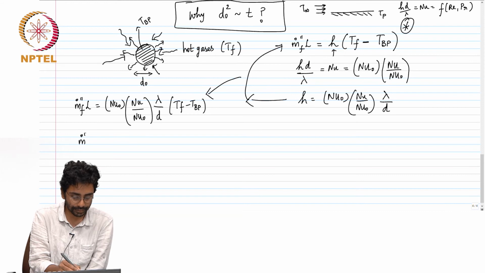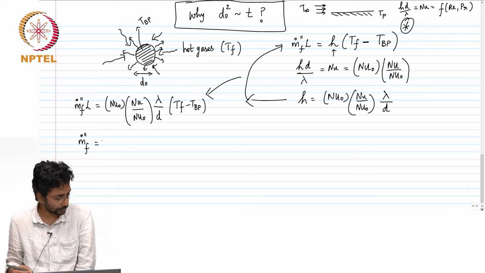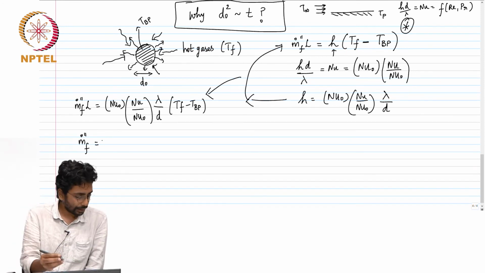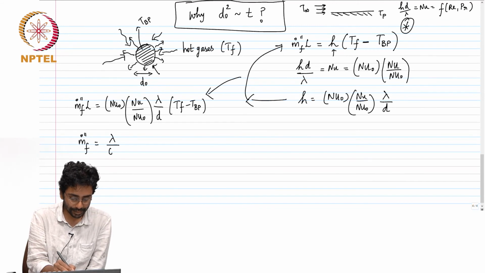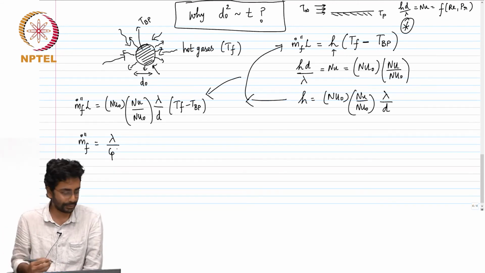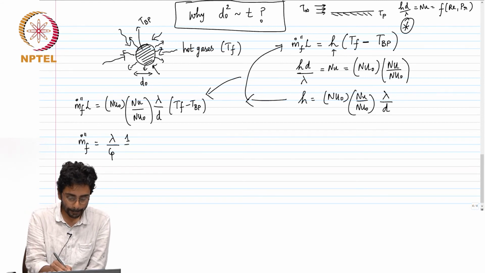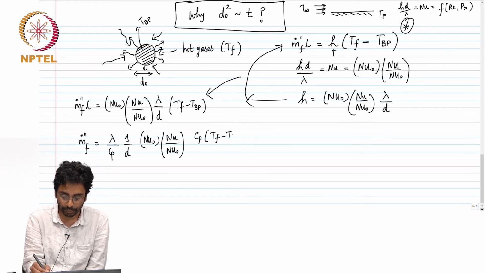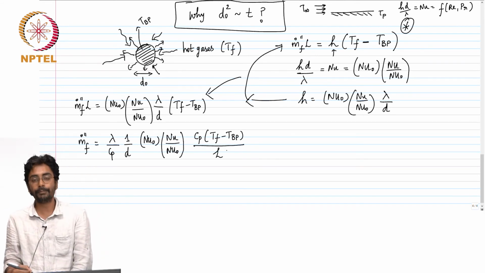From here you will simply see that m dot double dash F is equal to, I am going to multiply and divide by Cp for reasons that will become clear. So lambda by Cp, I am dividing by Cp here, I will bring in Cp somewhere else, 1 by D, Nu0 multiplied by Nu by Nu0. The Cp that I divided, I am multiplying here, Cp Tf minus T boiling point divided by the latent heat of vaporization, which came from the left hand side.